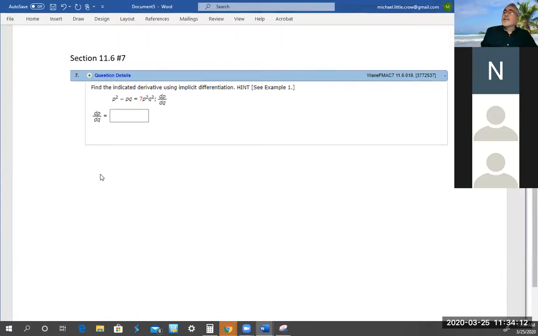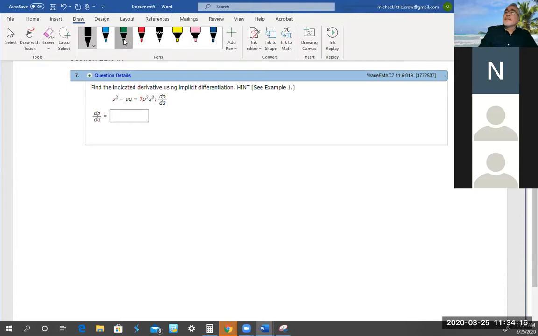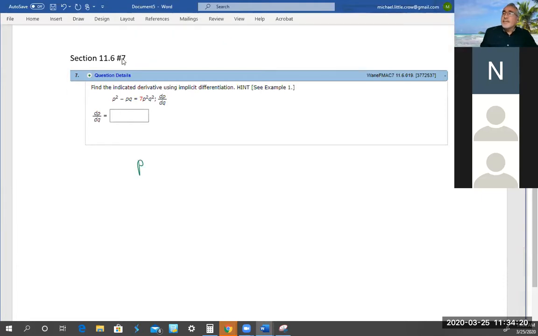Okay, so when we go to take a derivative, I'm going to go ahead and write it out: p squared minus pq equals 7 p squared q squared. So we're going to go term by term.